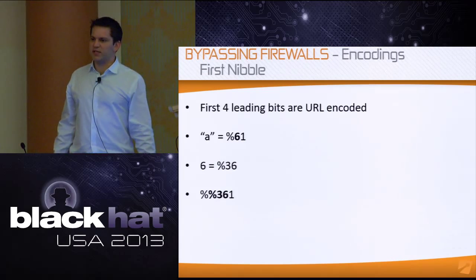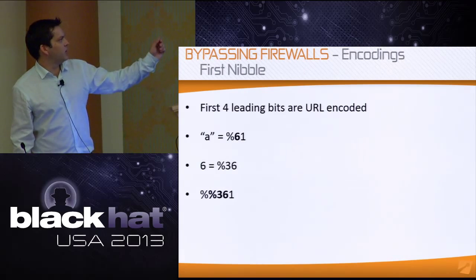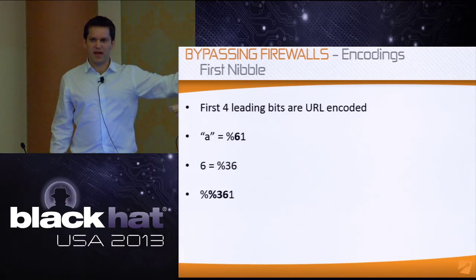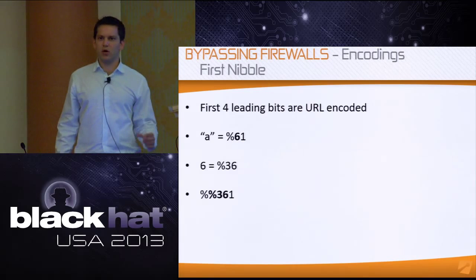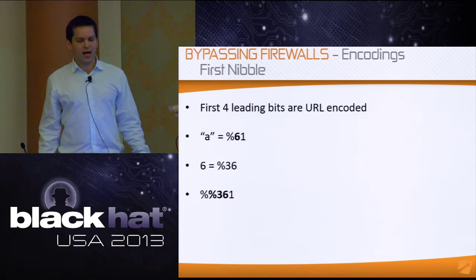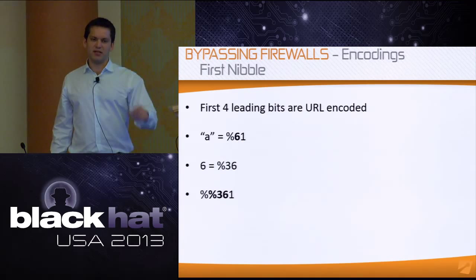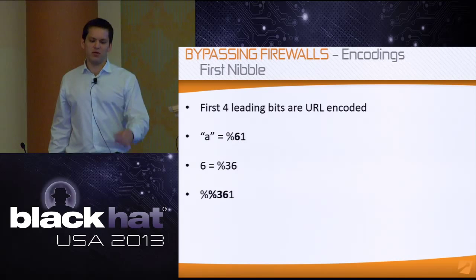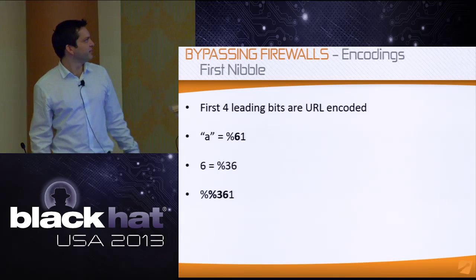We start with first nibble encoding, where we just re-encode the first character of the hex. So in this case, a, which equals 61, we just encode the 6 only, which equals 36. So then we end up with %361. If it were to decode the first nibble, then that would turn out to be the character we want. It would bypass.